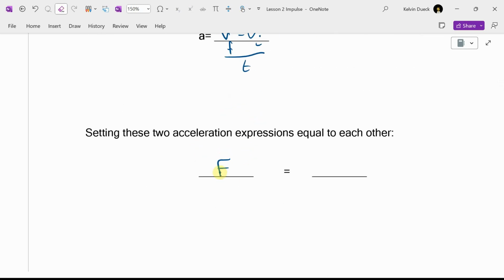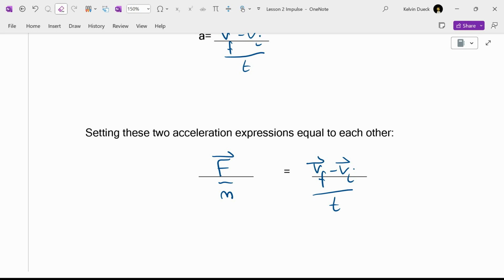I'm going to go F over m equals VF minus VI all over t. And you'll notice I'm putting vector symbols above the stuff that's vectors because direction is going to become important again during this unit, during this lesson, in fact. Except I have one fraction equals one fraction.